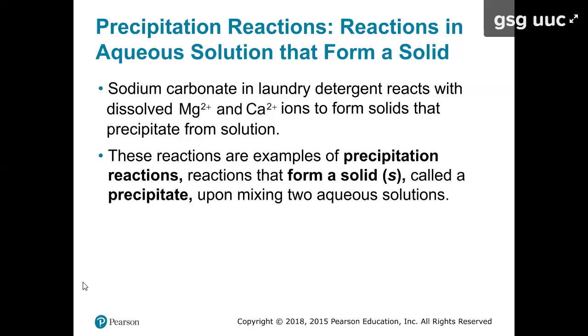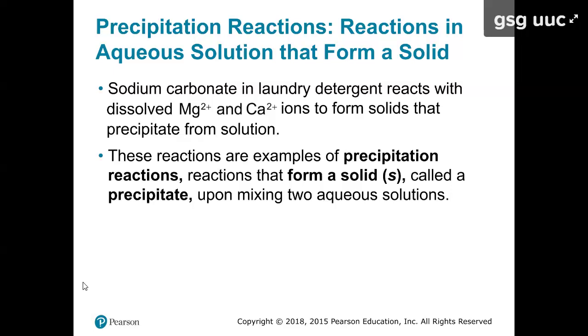So I can take a double replacement reaction, recognize that it's double replacement, because I've got an ionic compound reacting with another ionic compound, and they're making two other ionic compounds on the other side. I can recognize that, and using the solubility rules, I can predict, oh, that's going to dissolve in water, that's going to dissolve in water, that's going to be a solid, that's not going to be a solid.